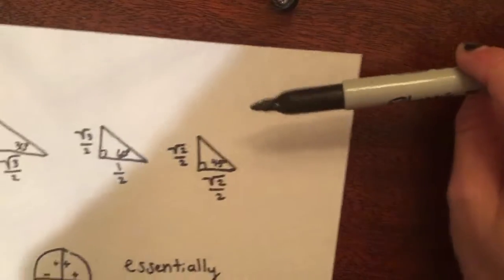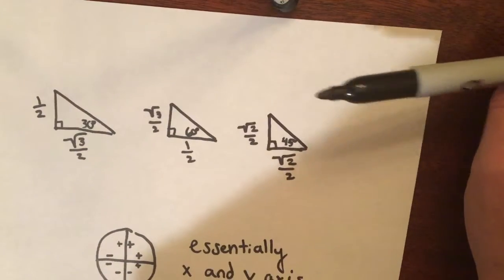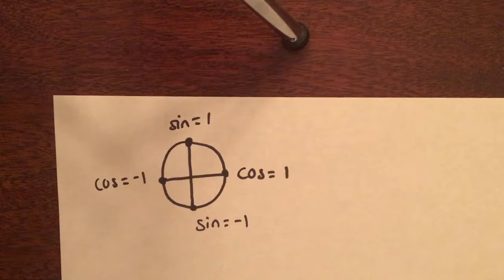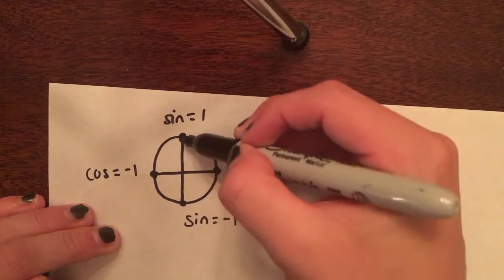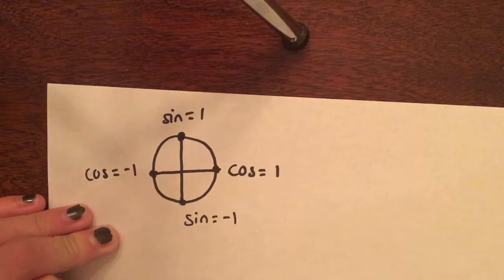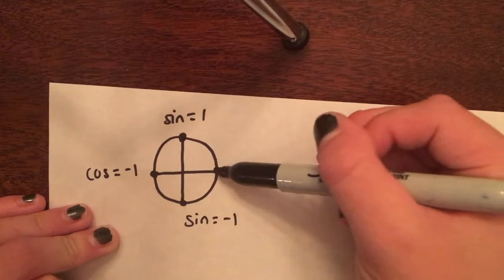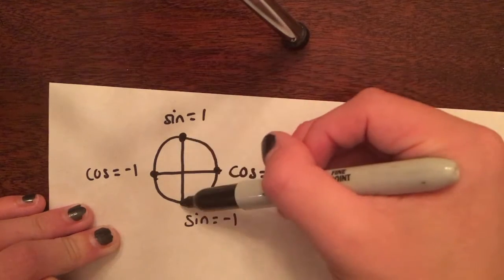And then depending on what quadrant they're in, that will affect whether they're positive or negative. Returning to the concept that we're thinking about these as x-axes and this as the y-axis, when you have cosine at either one of these points, it will be 1 or negative 1. And when you have sine at either one of these points, it will be 1 or negative 1.